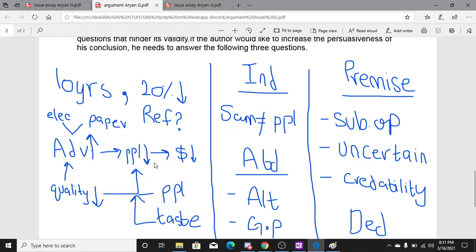Then there is the credibility of the evidence. For example, there's a poll about certain complaints, and let's say 75% of the people who appeared in the poll complained about a certain product. Now the question is how accurate were those complaints?